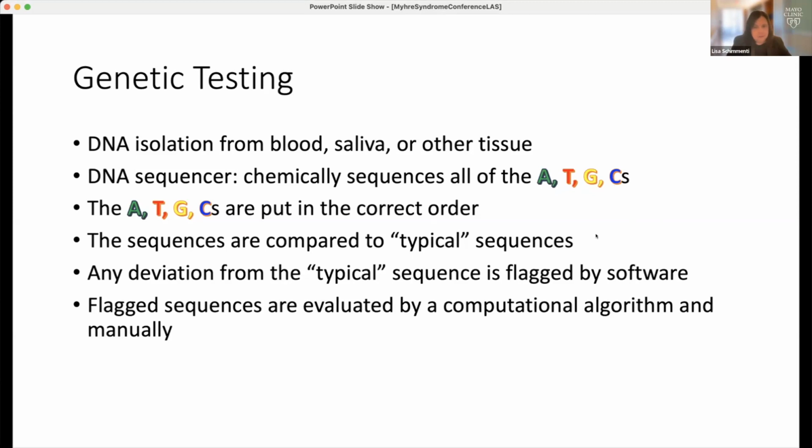And typical is basically a database of sequence information from a number of individuals who've been sequenced who supposedly have no significant health issues. Any deviation from typical gets flagged by the software, and then flagged sequences are evaluated. And so when you get your report back, you get all the flagged sequences back.